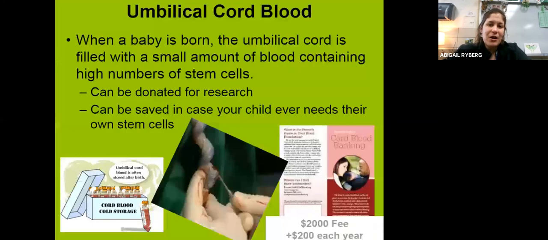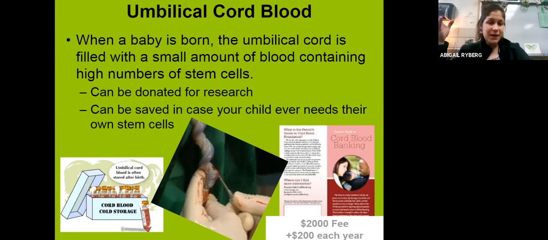The last thing I'll mention, which is kind of cool, is that when a baby is born, the umbilical cord is also filled with a small amount of blood that contains high numbers of stem cells. As a mother, when you give birth, you have the ability to sign away your stem cells for research. You also have the ability to save the stem cells from the umbilical cord.